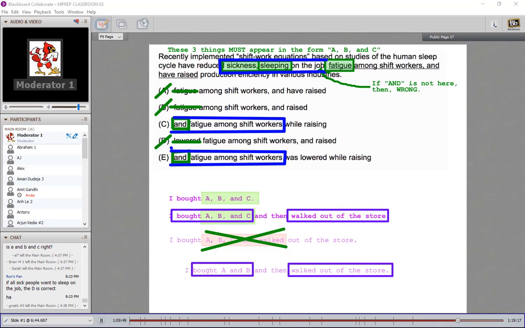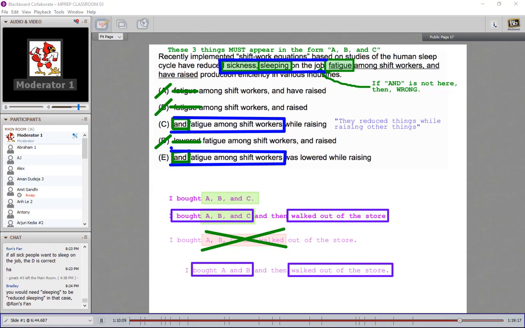So C just says these equations reduced stuff, things, while raising other things, is what that says. This, on the other hand, says they reduced things was lowered. That is definitely not right.